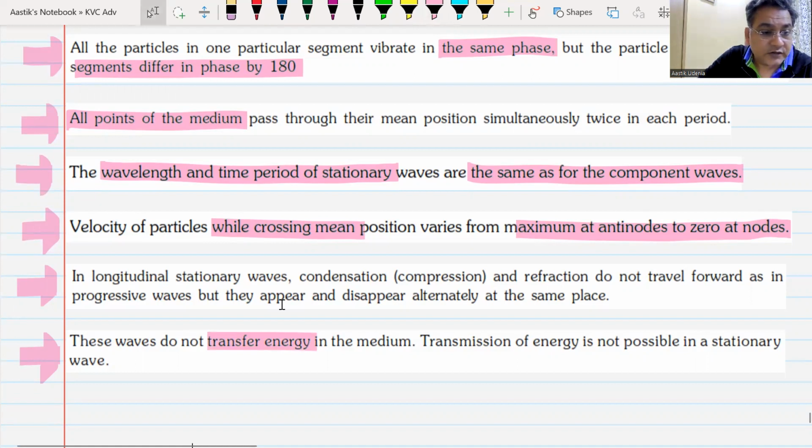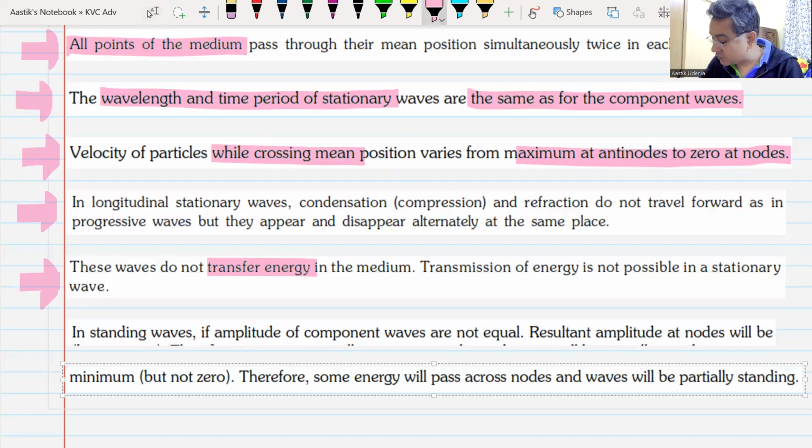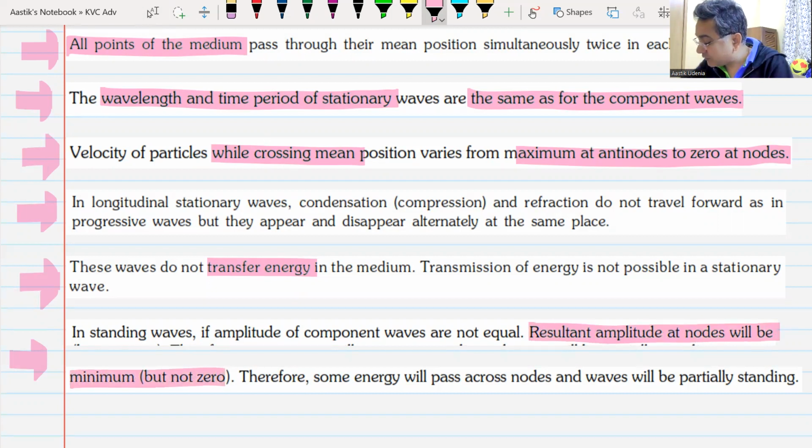Last point, one of the important points coming up, and then I'll give you time. If the amplitudes of the component waves are not equal, then the resultant amplitude at a node will not be zero, and therefore some energy will pass from the node to the next segment.